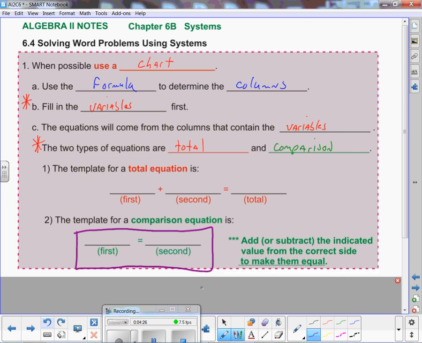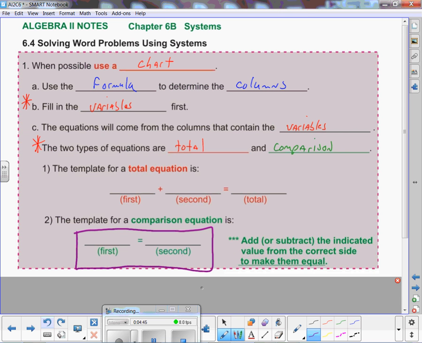Set the first equal to the second. Now, they're not quite equal. So let me again give you the example. One car is moving 30 miles per hour faster, let's say, than the second car. The first car is moving 30 miles per hour faster than the second car.